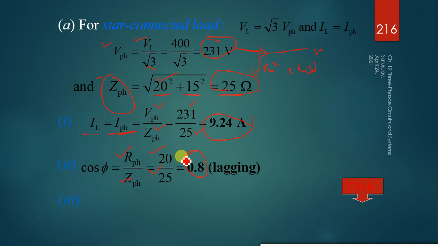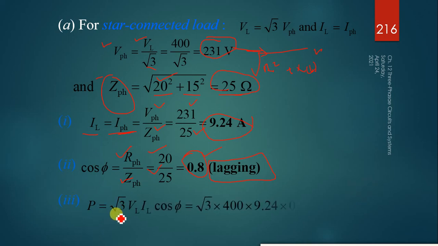How will you define if it is lagging or leading? This concept we will discuss almost at the end of this chapter. Don't mention it as of now. 0.8 is the value. Now the next one is power, which is equal to under root 3 VL IL cos phi, that is under root 3 into 400 into 9.24 into cos phi.